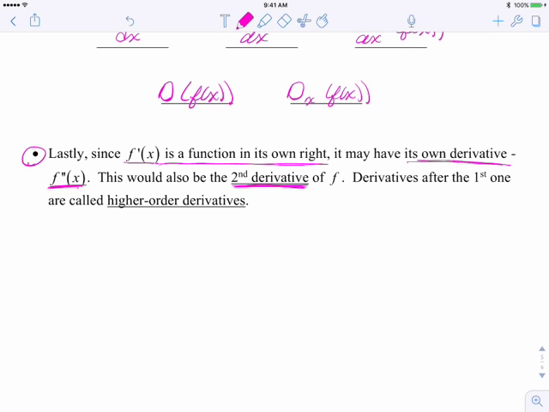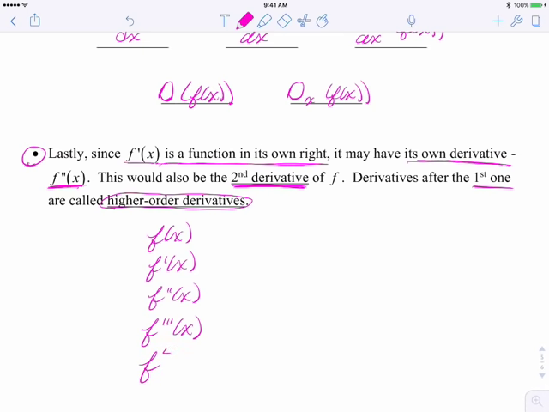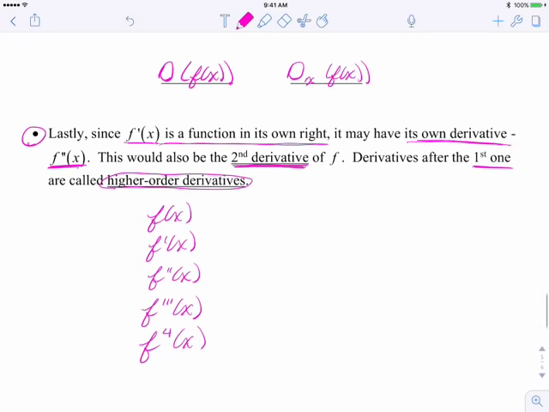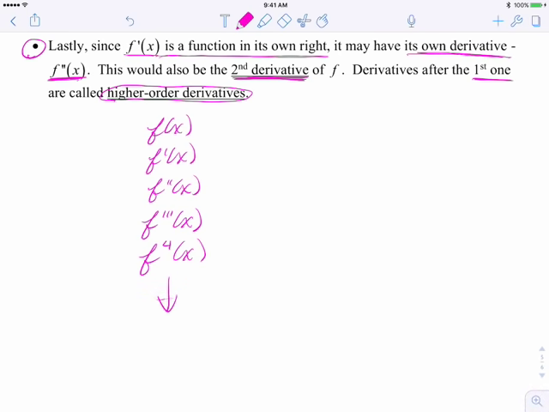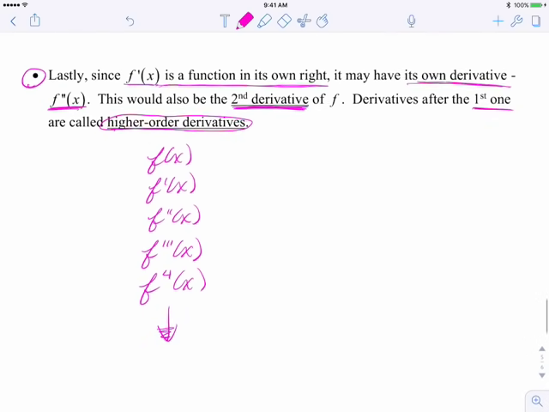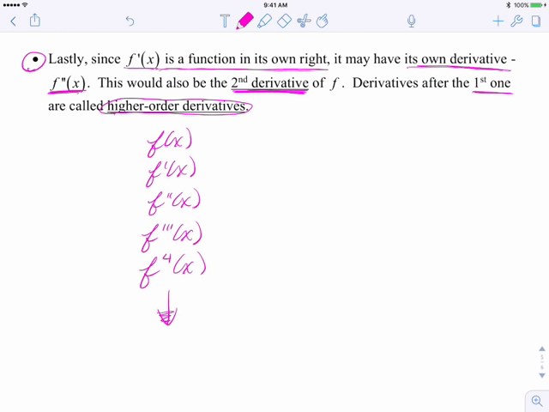The reason we're bringing up this notation now is because derivatives after the first one are what we call higher order derivatives. So that means you could have the original function, you could have the first derivative, the second derivative, the third derivative, the fourth derivative. After 3 tick marks, writing 4 or more tick marks becomes cumbersome, so we switch over to normal looking numbers.